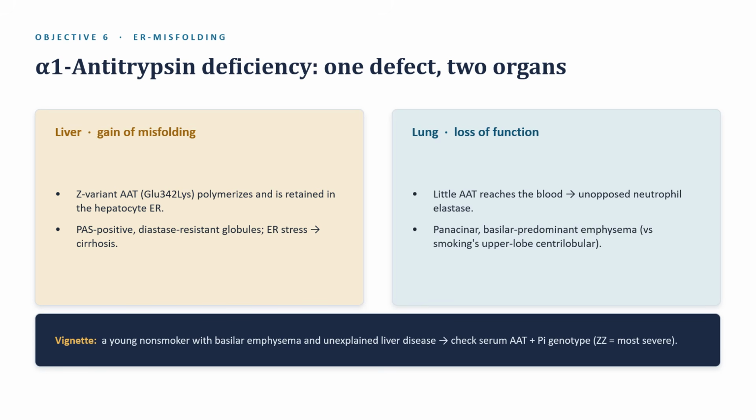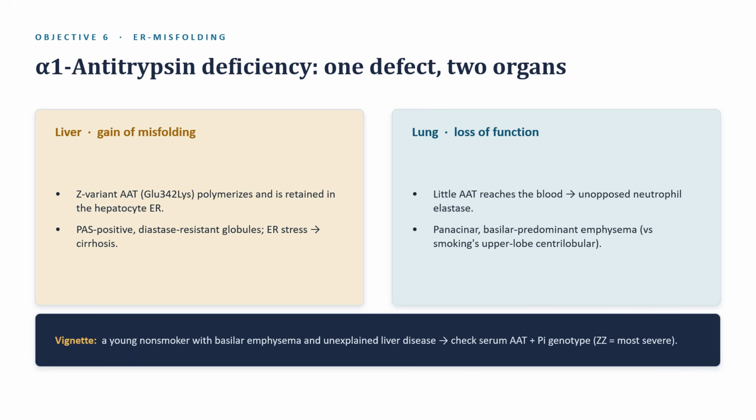On the right, the lung, where the problem is the opposite, because the protein never gets secreted. There's almost none in the blood. So neutrophil elastase runs unopposed and destroys the alveolar walls, causing panacinar emphysema that's worst at the lung bases.